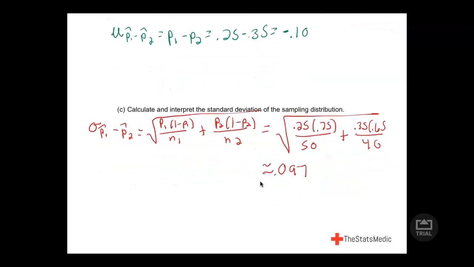So now I asked you to interpret standard deviation, and standard deviation tells you the average variation from the mean.